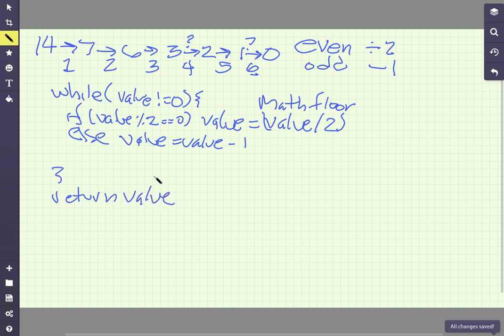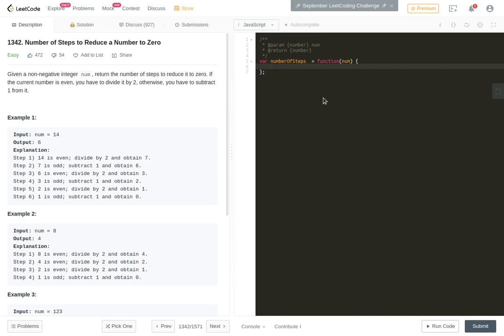So let's code that out in their editor and see how that works. So here we go. Number of steps. And we got num.